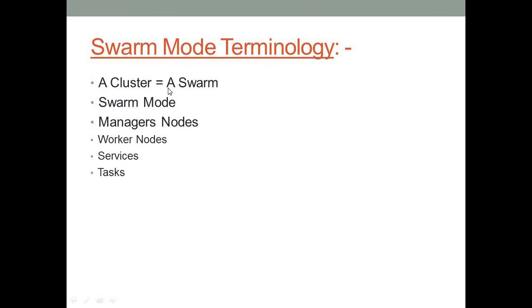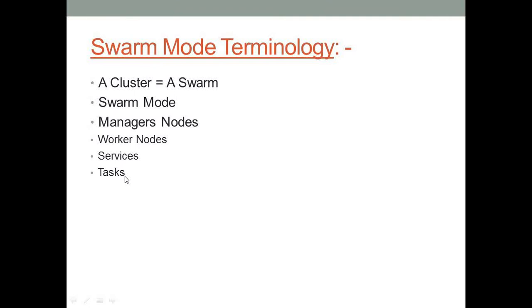A manager node does the same thing as a worker, but it has an extra responsibility to handle the other worker nodes. On each worker node there should be a task that is assigned by the manager nodes, and then it is going to run. A task is simply a container, or you can say an application.